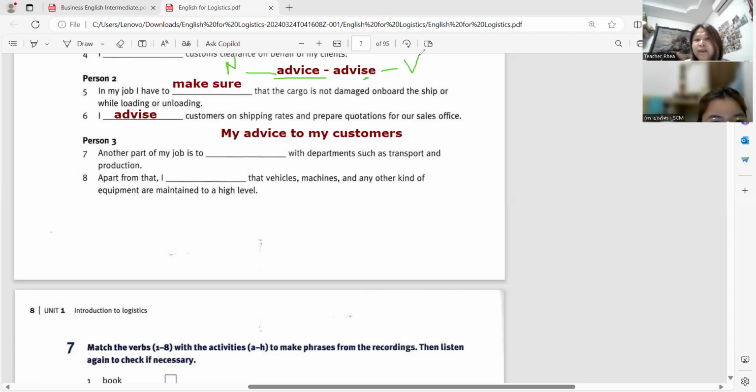You can use these words in different ways, but the spelling is not the same. S is for the verb, C is for the noun. When you use these words, they are different, but they are pronounced the same.